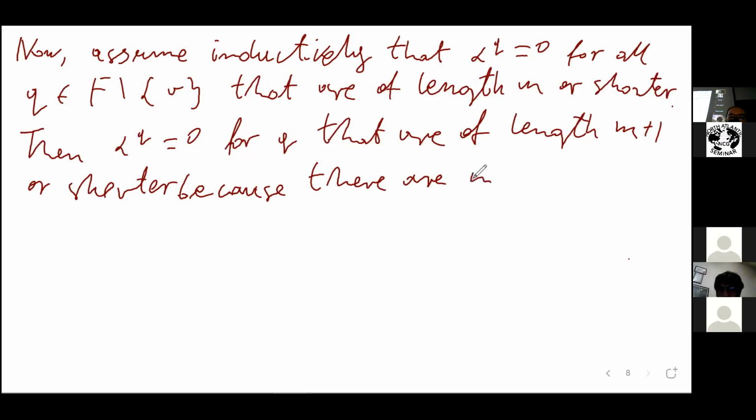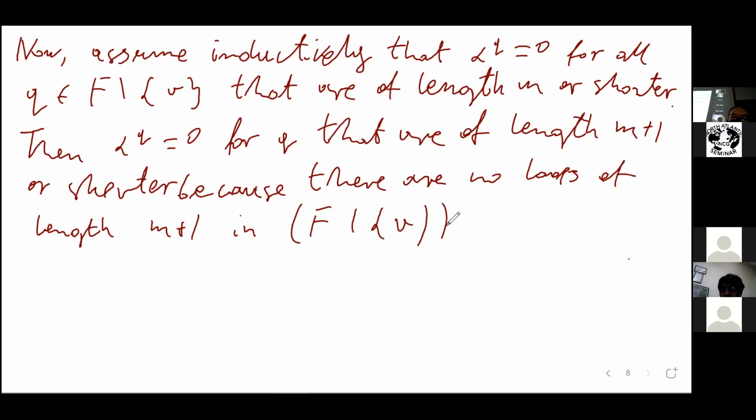There are no loops of length m plus 1 in f minus v squared. Right? This is obvious. Remember that the shortest loop here is of length m plus 1 because we assumed inductively that anything shorter is gone.